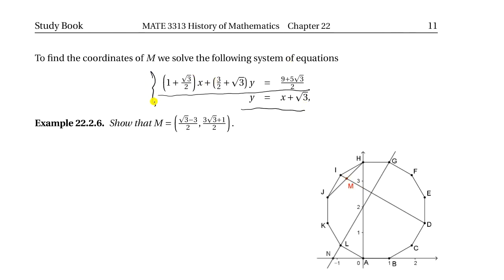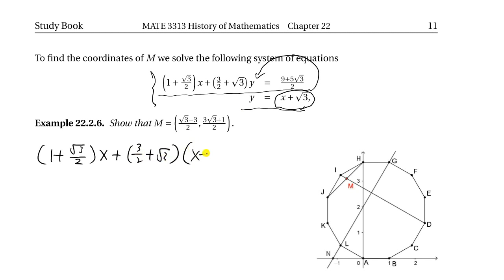Then how can you do that? This is a typical format of a system of equations. Just substitute x plus square root 3 for y in the first one. So it is 1 plus square root 3 over 2 times x plus 3 halves plus square root 3 times y, but instead of y, we substitute x plus square root 3.